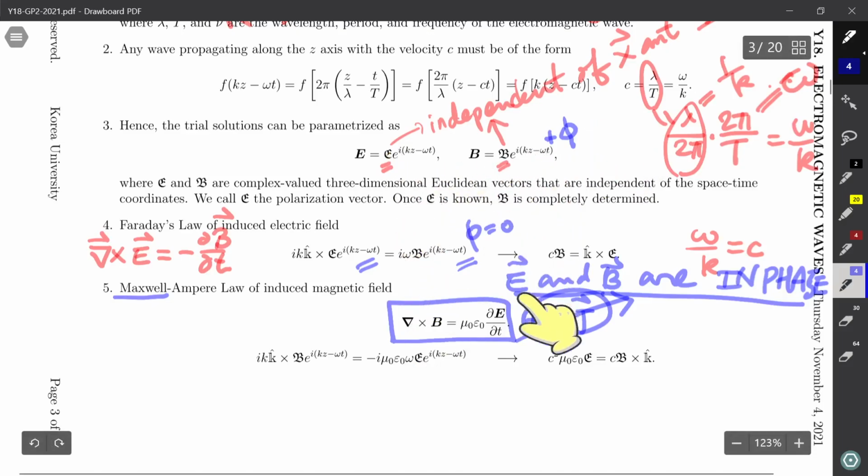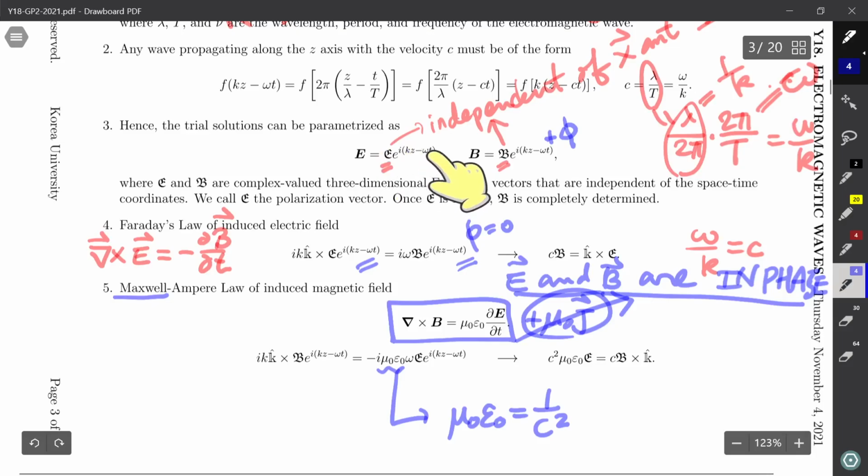Substituting these trial solutions, I get i k k hat cross vector B, and mu 0 epsilon 0 equals 1 over c squared. The time derivative of the electric field gives minus i omega.